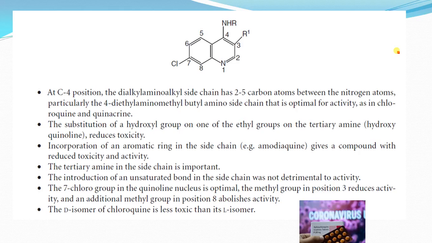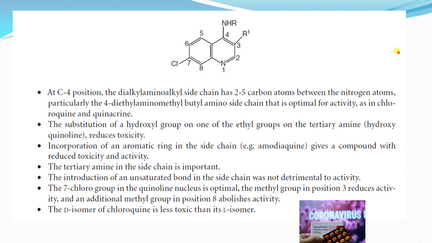Substitution of a hydroxy group on one of the ethyl groups reduces the toxicity and increases the plasma concentration. An example is hydroxychloroquine. The replacement of this chain at the 4th position with an aromatic ring system, for example amodiaquine, also shows biological activity.